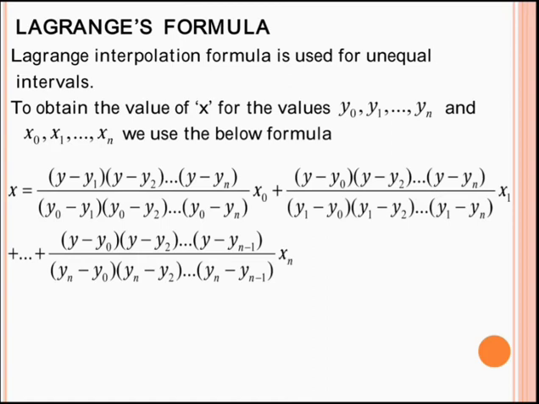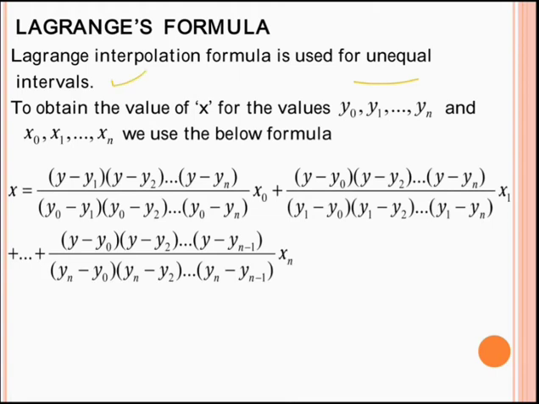See, every time it is not possible that we have only equal intervals. So there must be some formulas for unequal interval. Now we will move towards the formula for unequal interval, which is known as the Lagrange interpolation formula. So the Lagrange formula is used for unequal intervals.